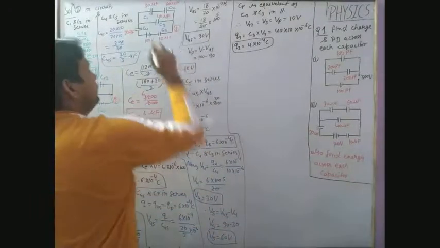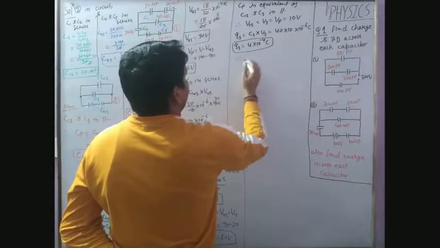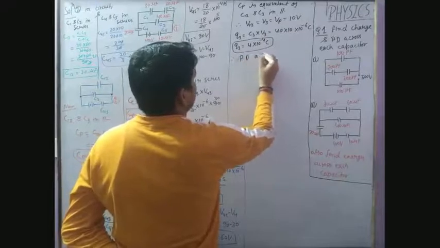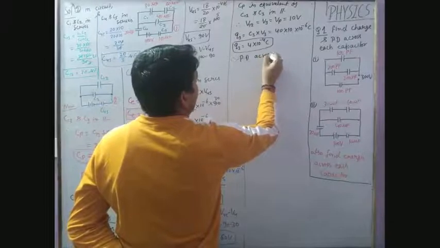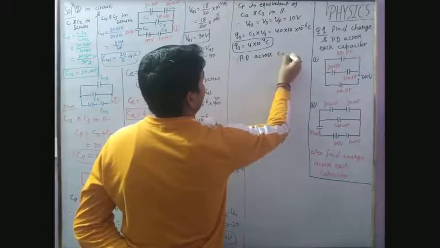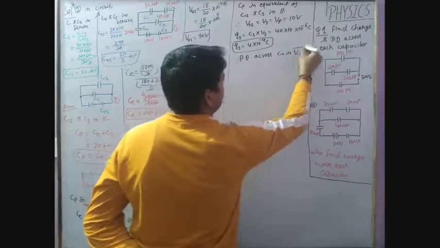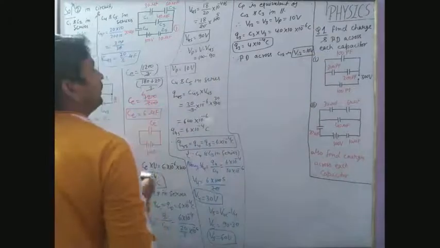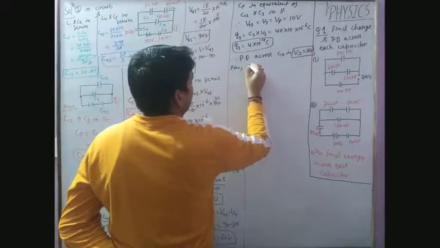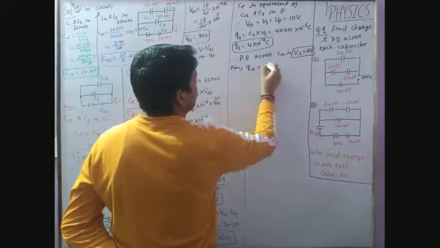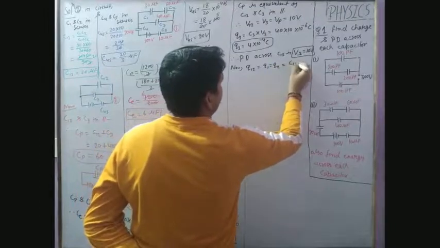Now we move to potential difference across C12, V12 is 10 volt. Okay, now Q12, which is equal to Q1 equal to Q2, is C12 into 10.